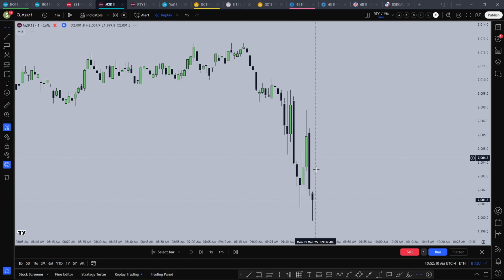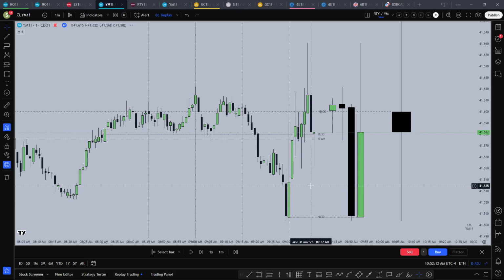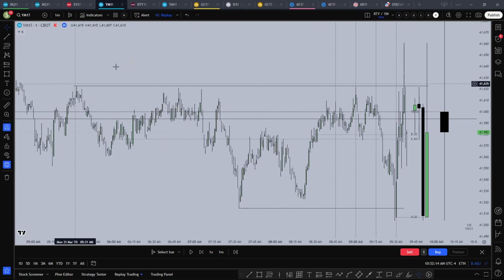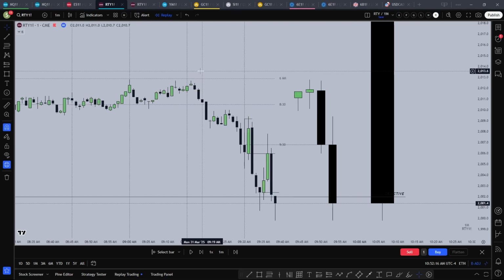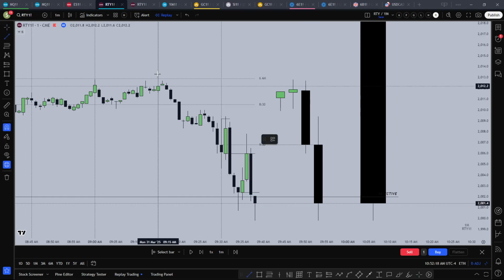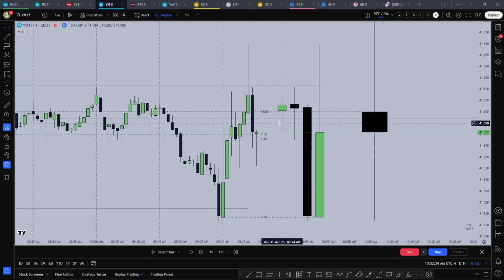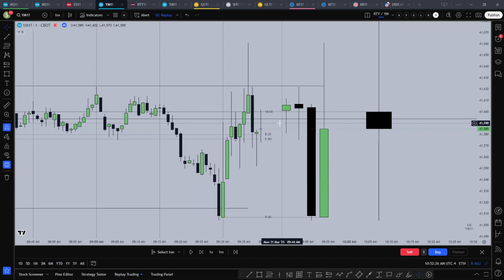Yes, here this closure. Now this closure makes much more sense because SMT with these highs, you can take it as SMT with these highs. So this is better one, I will say.